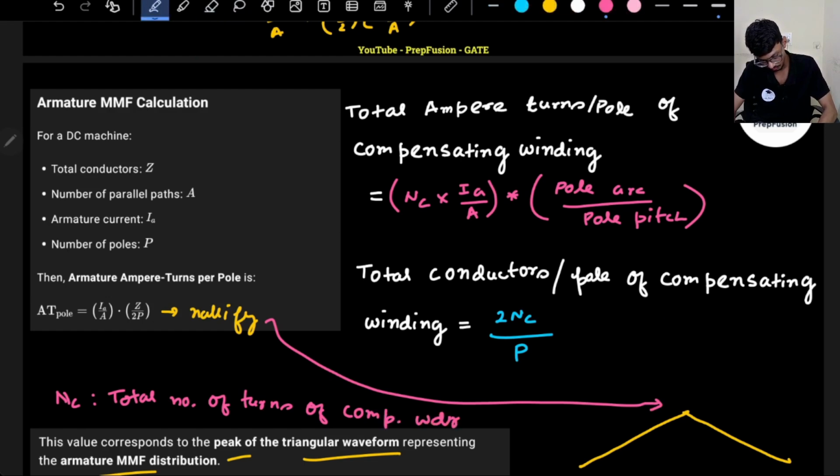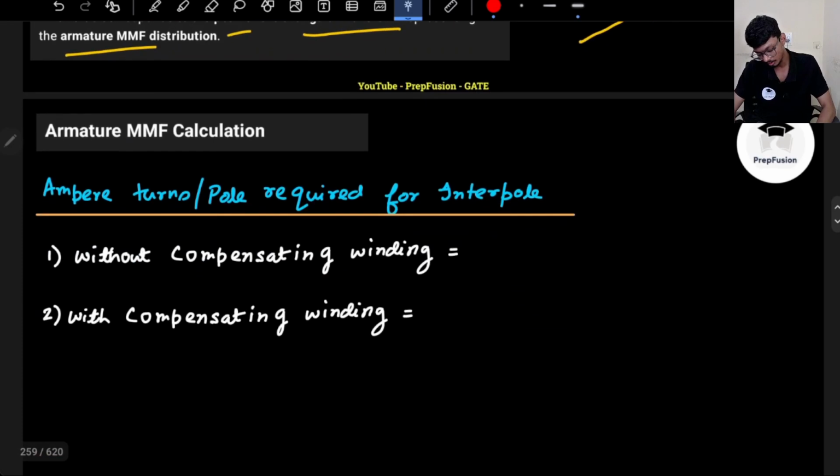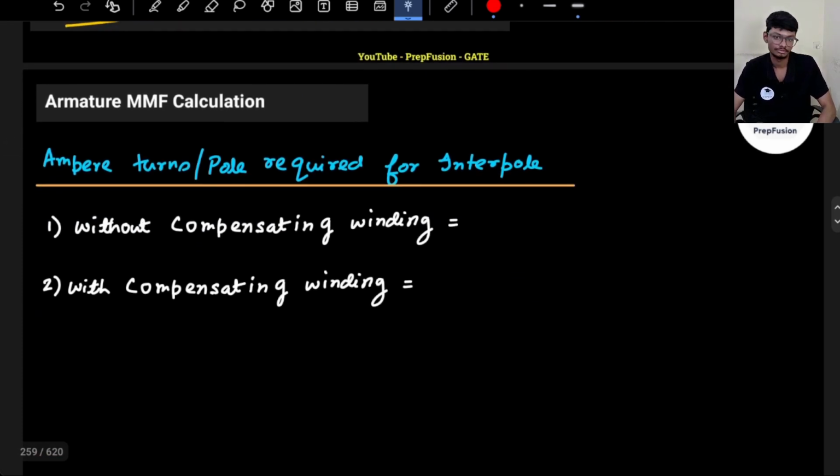So per pole, the number of turns will be 2 Nc divided by P. Got it? Very well. Now let's discuss the interpoles.